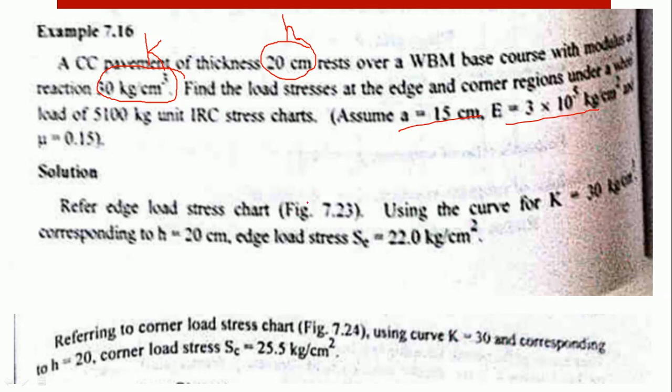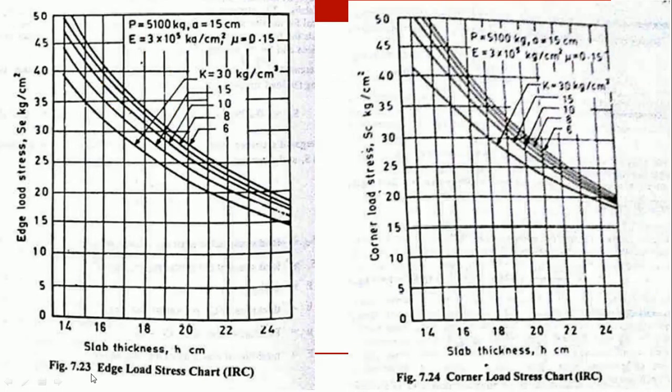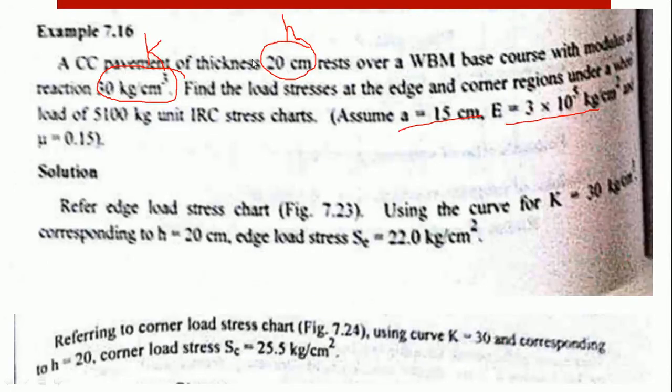So we have two charts. You can observe the edge load stress chart, figure 7.23, and the corner load stress chart, figure 7.24. H is 20 and K is 30. Corresponding to this, you need to find the value of the stresses.